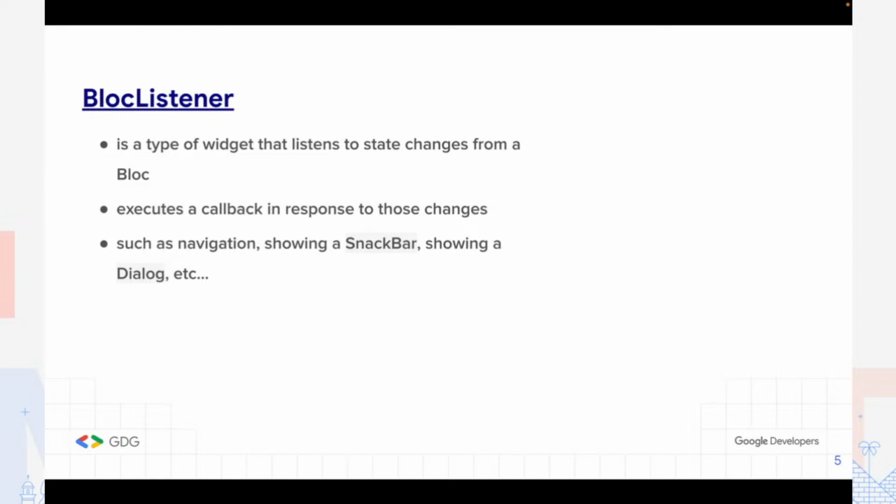This is where we can use the block listener. It listens to the state changes from a block. Now, from the login initial state, it is going to go to the login loading state, and then if the user is authenticated, in the authenticated state, this is where we will redirect the user.